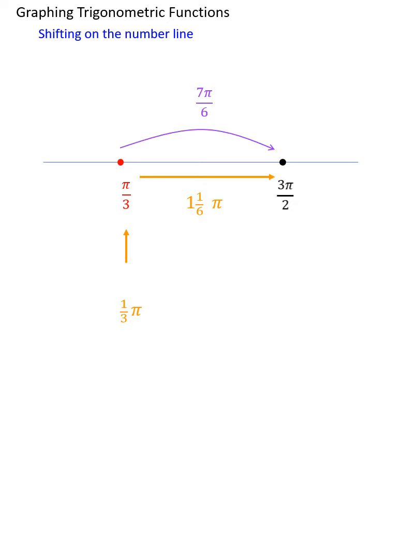So ignoring the pi's temporarily, 1/3 plus 1 1/6 is 1½ and that also would have led me to 3 pi over 2 as the result of the shifting point. Again, if you don't like thinking in fractions like this, then this is not the thing for you. You can always resort to the basic algebra.